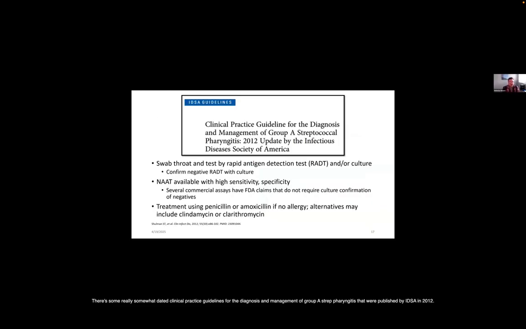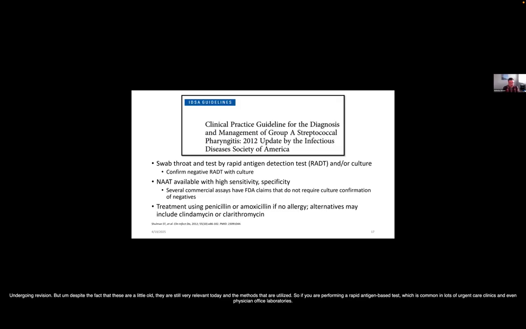There are some somewhat dated clinical practice guidelines for the diagnosis and management of group A strep pharyngitis that were published by IDSA in 2012. These are undergoing revision, but despite the fact that these are a little old, they are still very relevant today, and so are the methods utilized. If you are performing a rapid antigen-based test, which is common in lots of urgent care clinics and even physician office laboratories, it's important to note that these lack sensitivity.